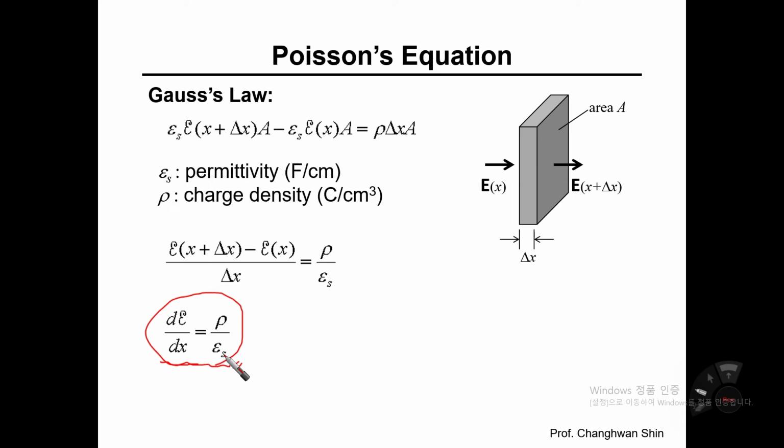That variation of electric field intensity is closely associated with charge density for a given volume. And that relationship can be explicitly explained with Gauss's law. Therefore, Poisson's equation is almost identical to Gauss's law.